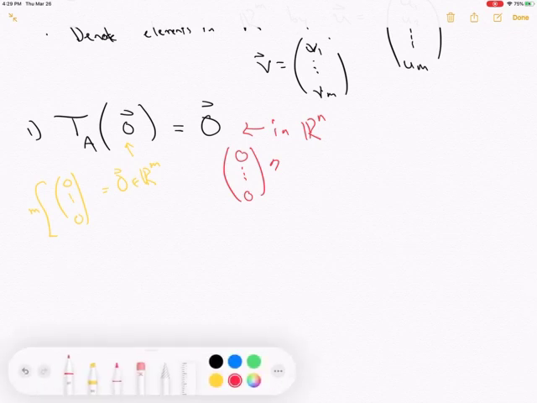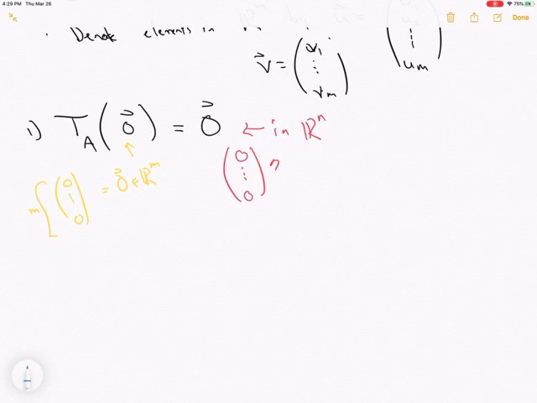So the proof is very simple. I'll just outline the proof. This is true because if you take any matrix A times a 0 matrix, it is just equal to a 0 matrix.